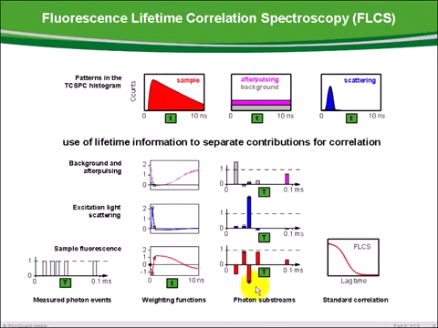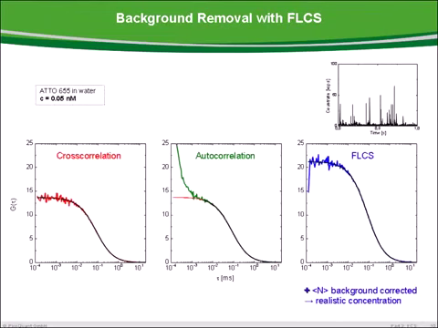All these weighted photons are now correlated, leading to a correlation curve which is corrected for background, afterpulsing and scattering. In the center we see the correlation curve of a measurement of Atto 655 dye in water. At low lag times, in the order of some microseconds and below, we observe a strong increase in the correlation amplitude.